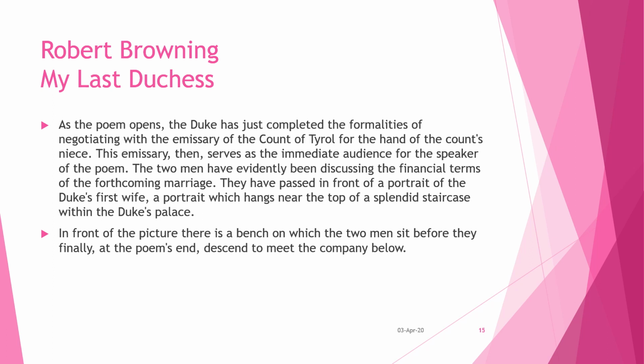They have passed in front of a portrait of the Duke's first wife, a portrait which hangs near the top of a splendid staircase within the Duke's palace. In front of the picture, there is a bench or a chair on which the two men sit before they finally, at the poem's end, descend to meet the company below.